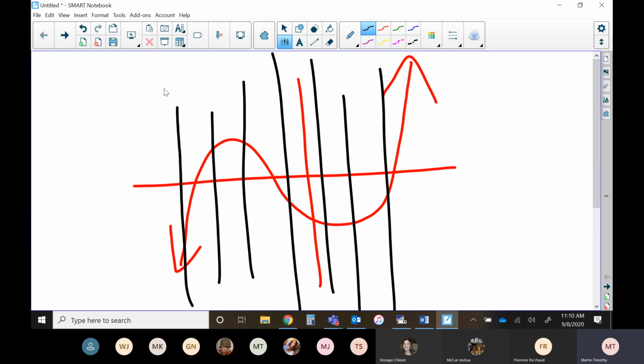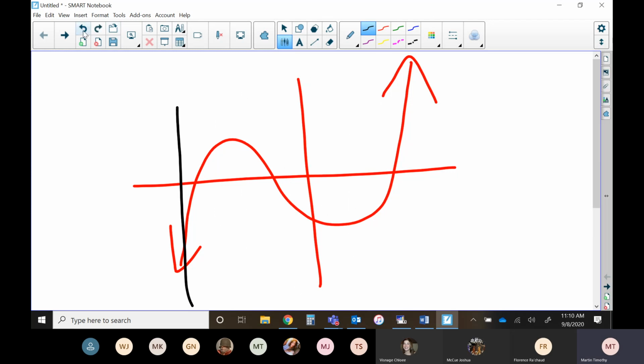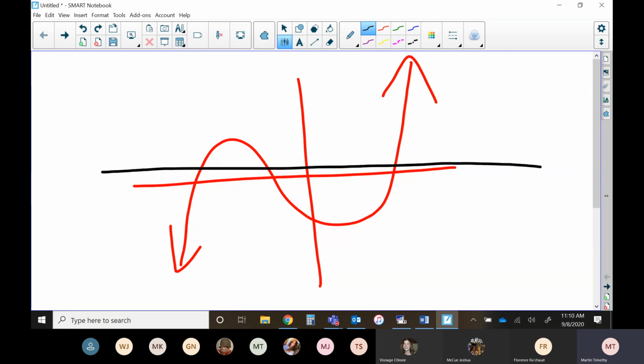Is it a one-to-one function? Why not? All it has to do is have one time that it fails. And right here, it hits how many times? 3 times. So this y value, let's say that's a height of 1, up 1. Do you see how it has 1, 2, 3 different x?